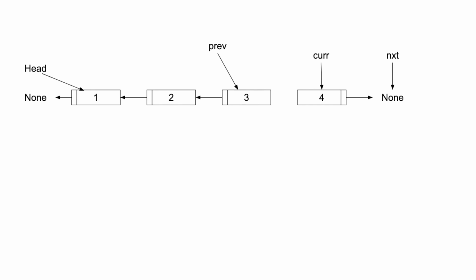So 4's next, which is pointing to none, will start pointing to 3 using prev, and then prev will move forward using cur, and then cur will again move forward using nxt.